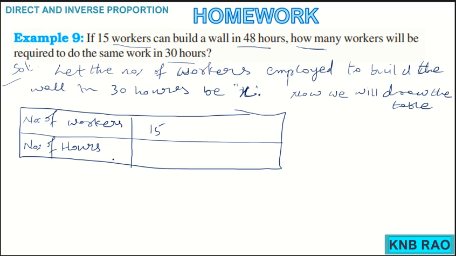It is nothing but time. You know that time and number of workers are always inversely proportional. 15 workers are completing in 48 hours, and we need the work to be completed in 30 hours with the help of x number of workers.